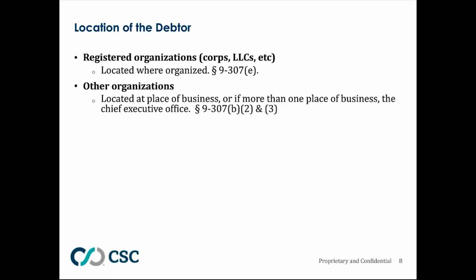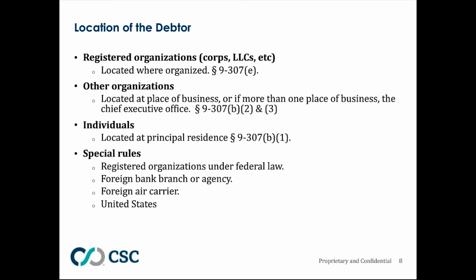An individual is located at his or her principal residence, in whatever state that is located within. These are the primary types of debtors. There are other types of debtors out there that have special debtor location rules. I'm not going to go into those today, but I just want you to be aware that they do exist.